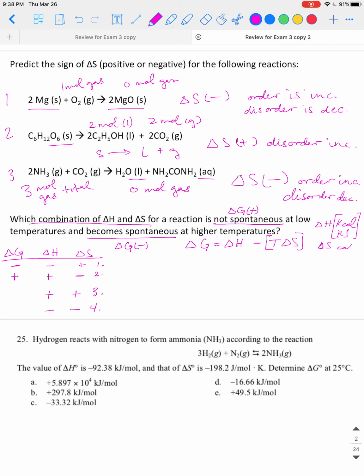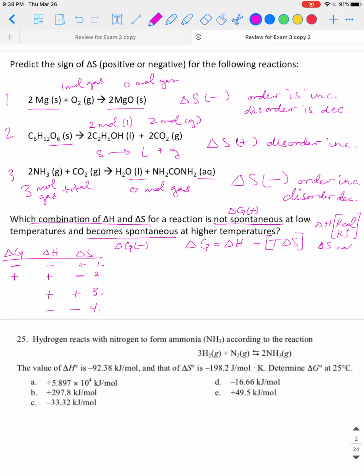And let's say my delta S is 2. That's a lot smaller than 10. Let's do the math here. 10 minus 1 times 2, which is 2, gives us positive 8. So this is our low temperature scenario, because the problem says it starts out at low temperatures.